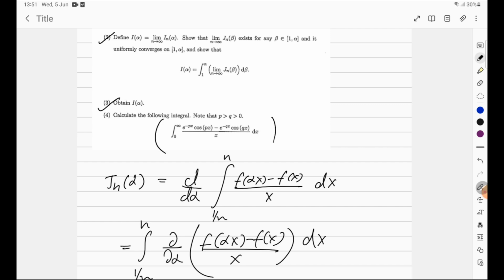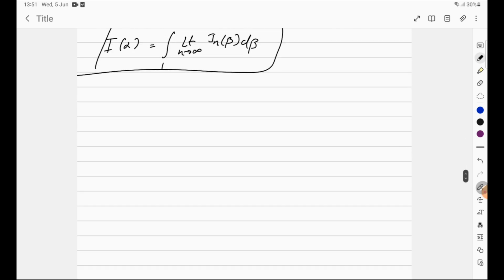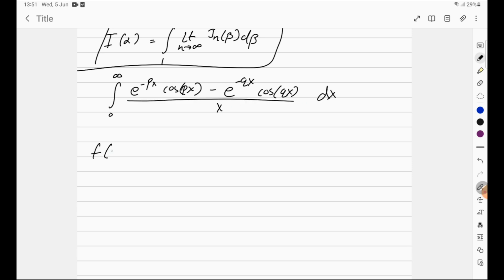Now they're asking us to calculate this following integral. That is of the form 0 to infinity, e to the minus px cosine of px minus e to the minus qx cosine of qx, whole divided by x, dx. So if there's a function f of x of the form e to the power minus x cos x, then this term is f of px and this term is f of qx.